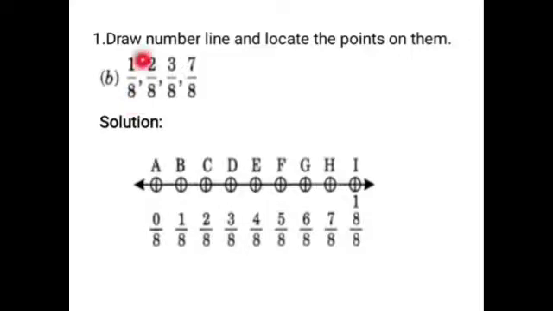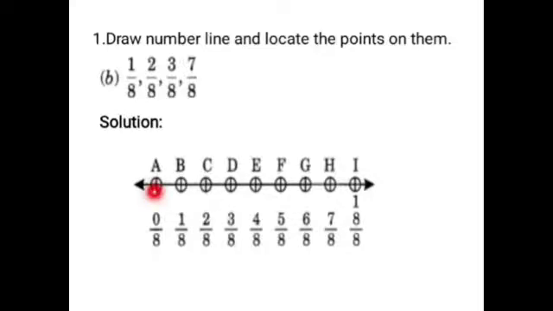Now, I want to mark 1 by 8, 2 by 8, 3 by 8 and 7 by 8 on the number line. What should I do? First of all, I have to draw a number line and then I have to locate 0 and 1. Then I have to divide the gap between 0 and 1 into 8 equal parts.